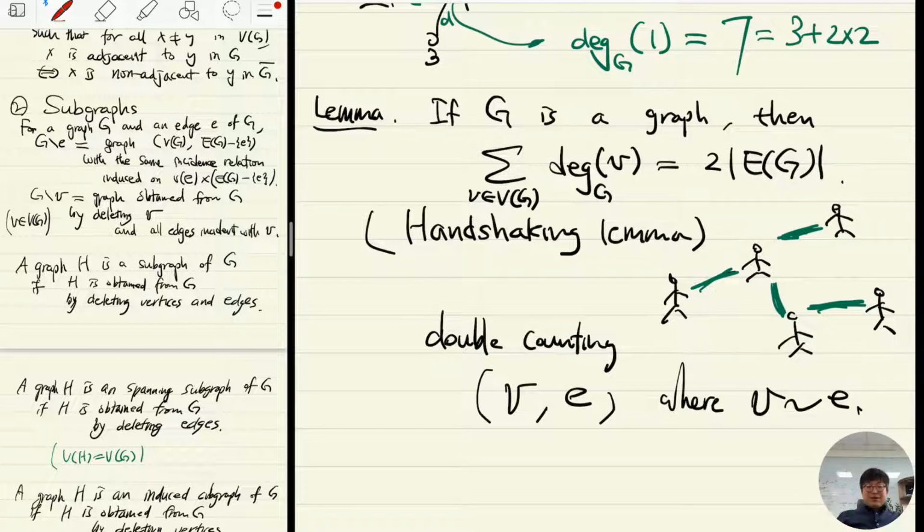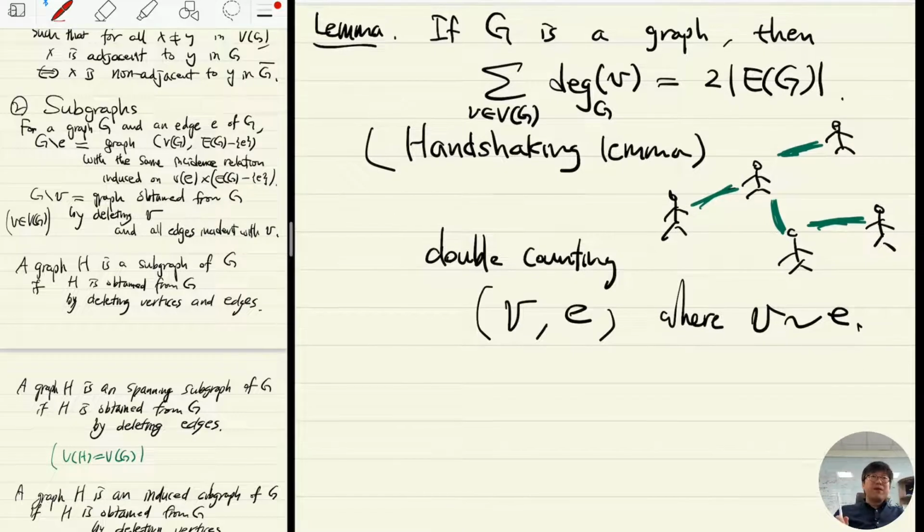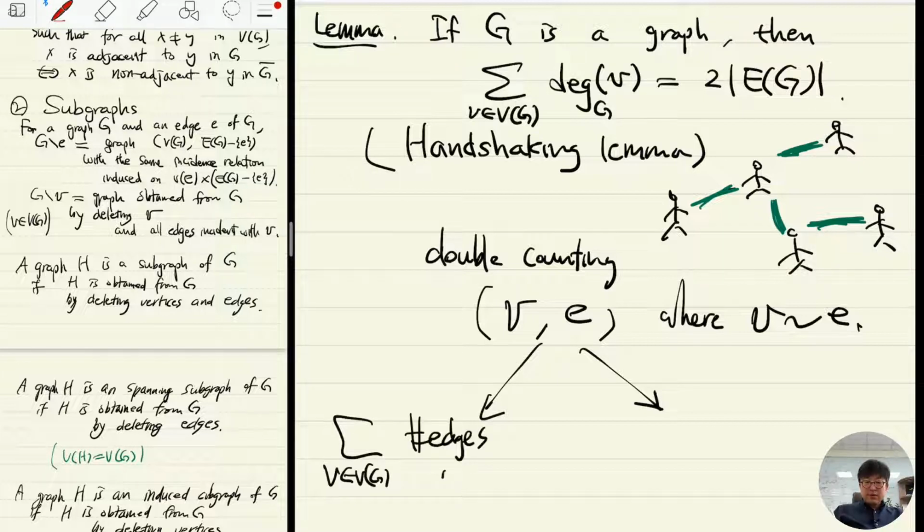Right, so how do we count this pair of a vertex and an edge, which are incident? Well, if you count according to the vertices, then for each vertex v, the number of edges incident with v.